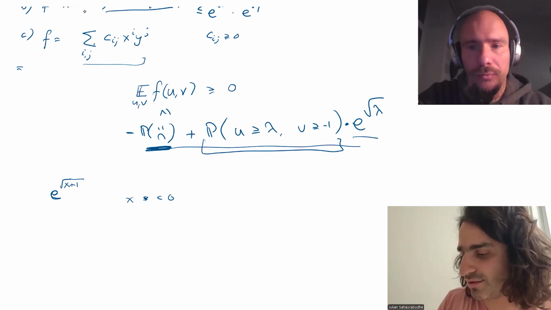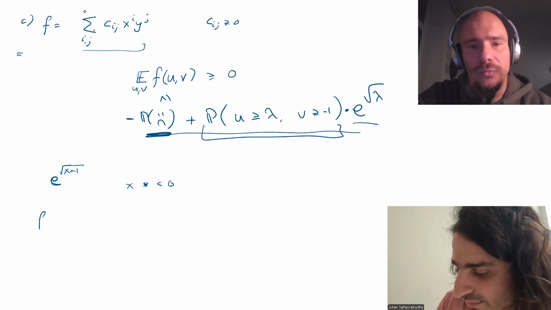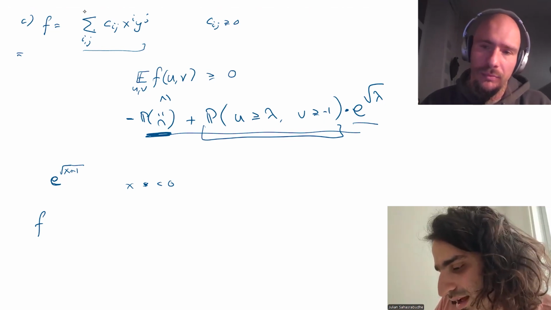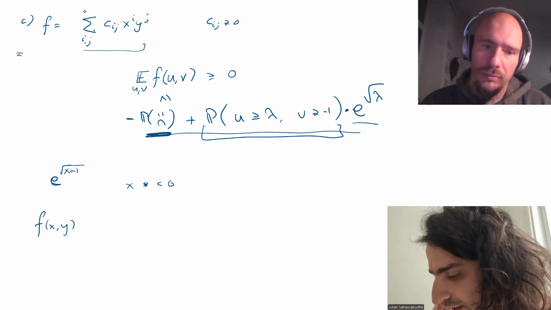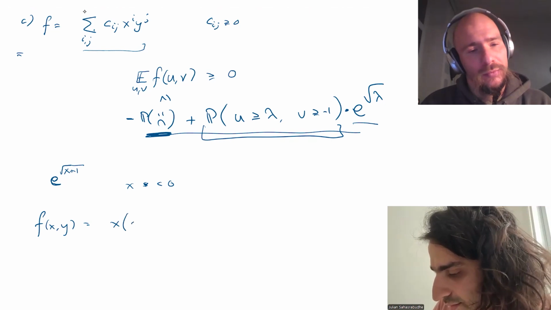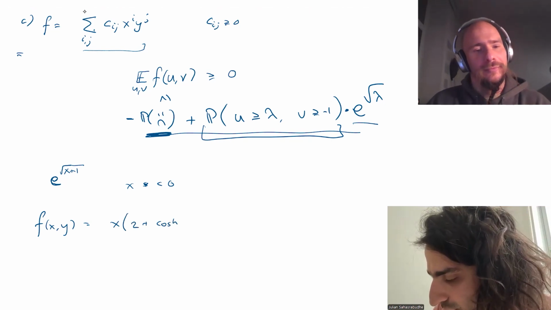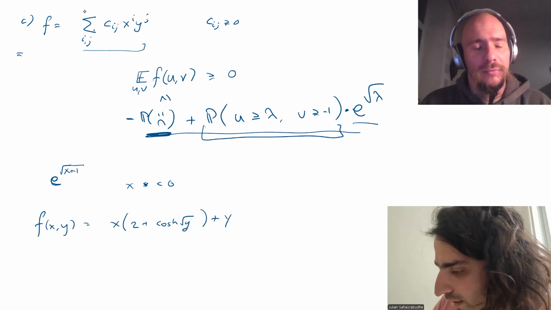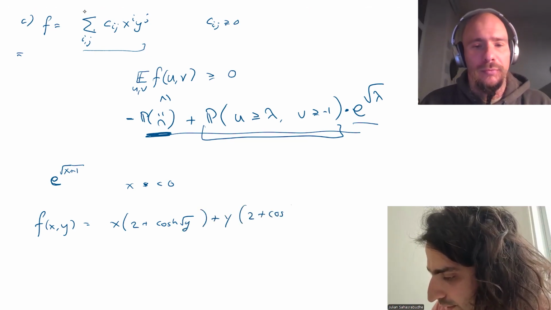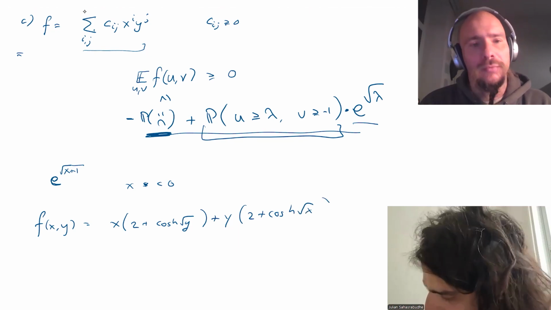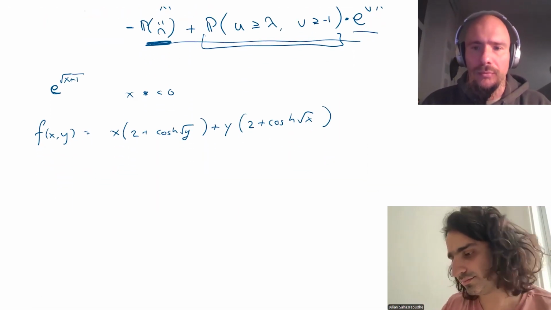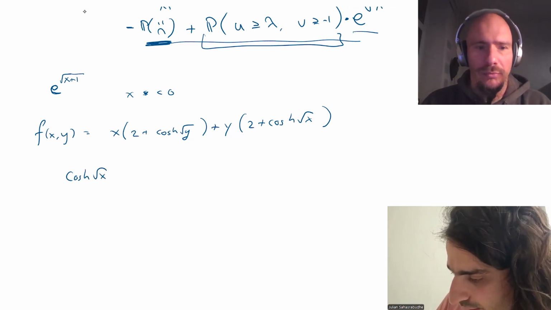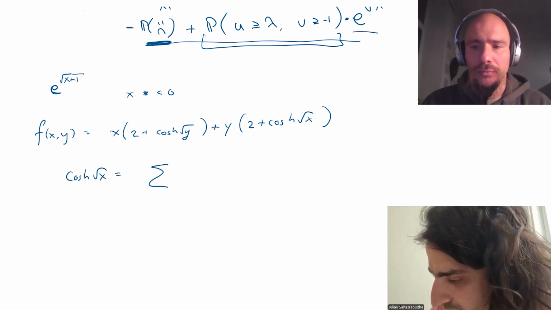So the idea is to use this to build something. So f at the end of the day is the following: f(x,y) is x times (2 plus cosh root y) plus y times (2 plus cosh root x), where cosh root x has a Taylor expansion that looks like this.